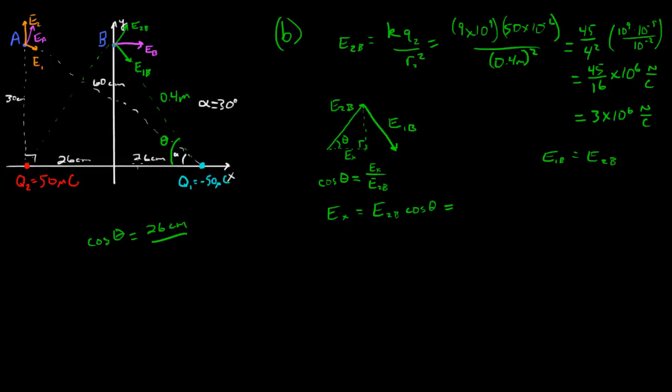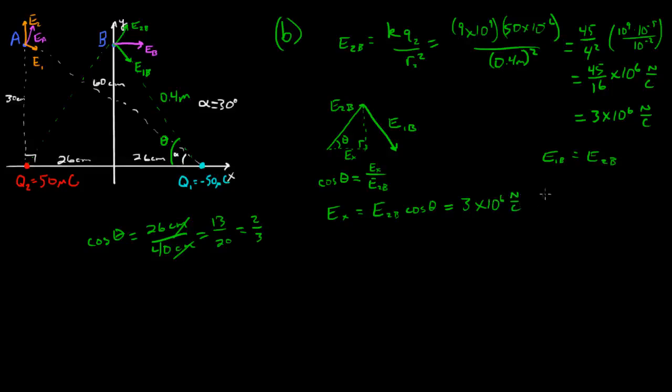And that's about equal to 2 times 7 over 3 times 7. So it's about 2/3. So E2B we know is 3 times 10 to the 6 newtons per coulomb. Now we need to just multiply that by the cosine of theta, which we found was 2/3. 3's cancel, and you get 2 times 10 to the 6 newtons per coulomb.